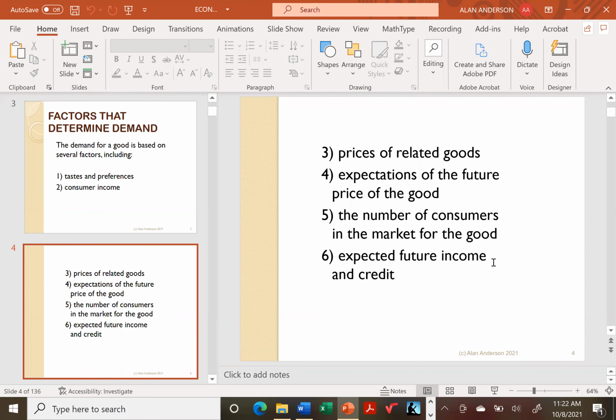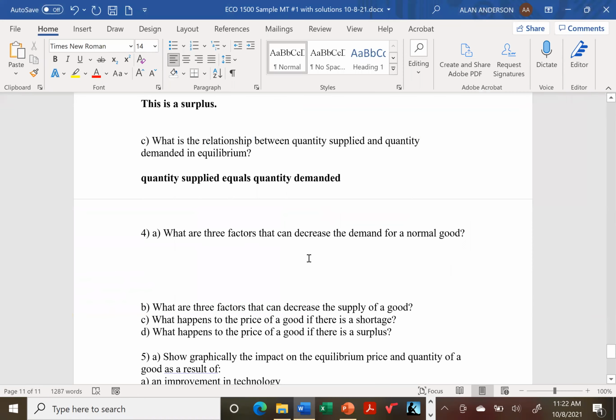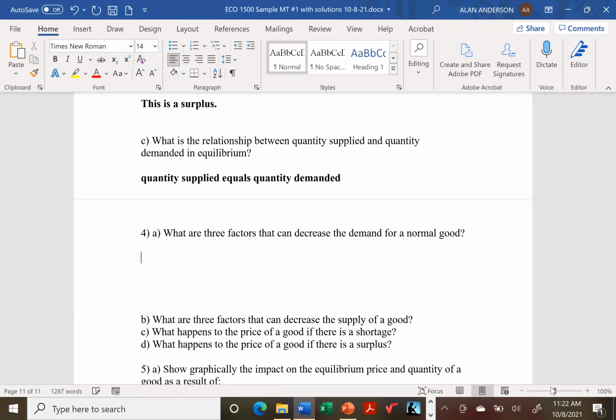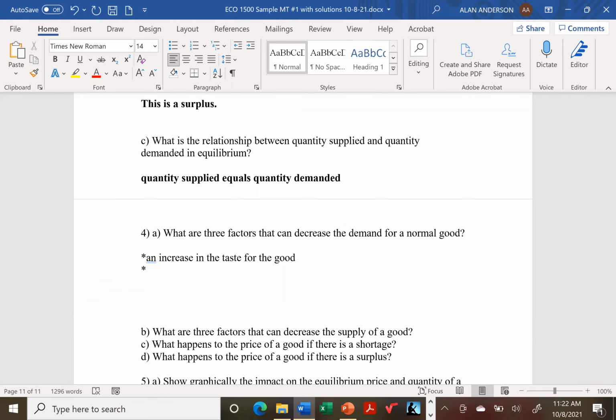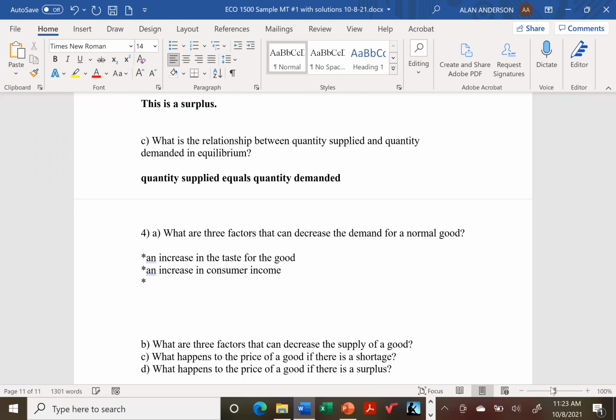Well, you were only supposed to do 3 of them, but I'm going to type 6 of them anyway. So just be careful, because here we're saying that it increases. So therefore, that would mean an increase in the taste for the good. An increase in consumer income, it's because it's a normal good. Now, here's a tricky one: increase in the price of substitutes, or a decrease in the price of complements.